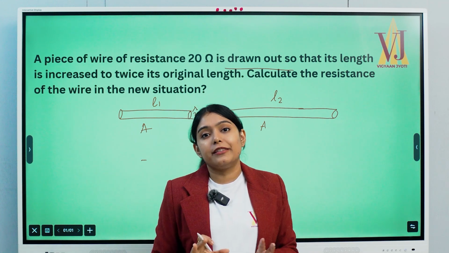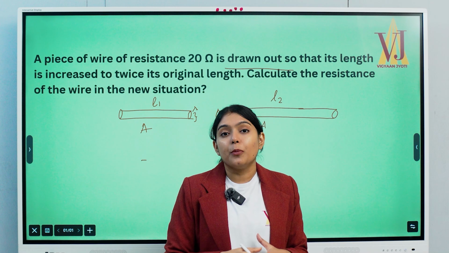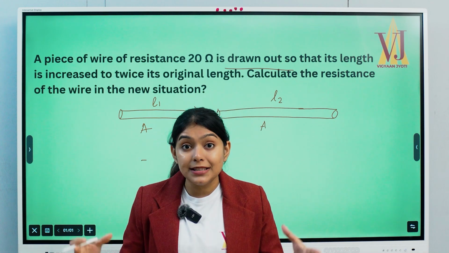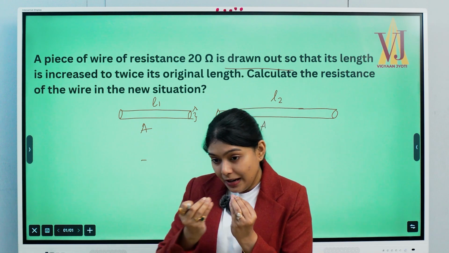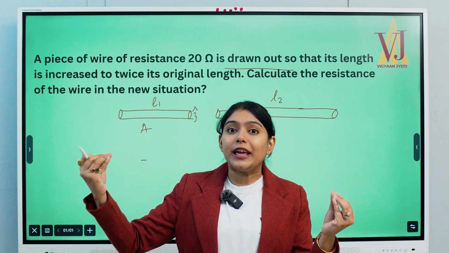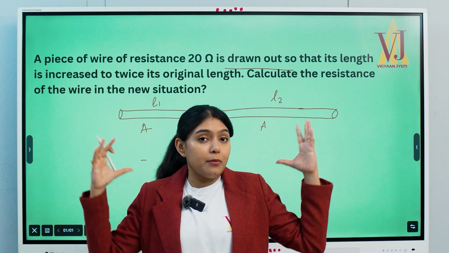Whatever amount of wire has been given to you, based on its malleability and ductility, it has been drawn out. That means the wire has been elongated. You have not attached any wire from outside.